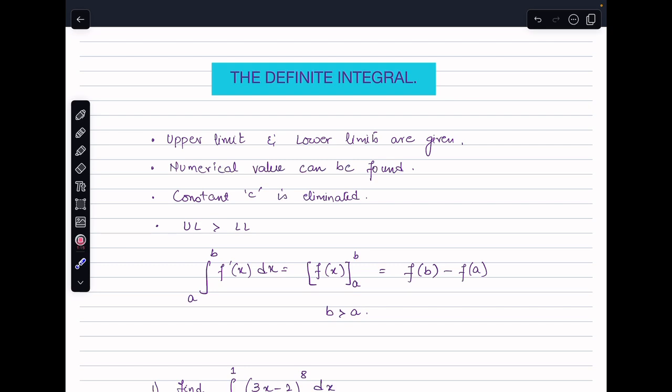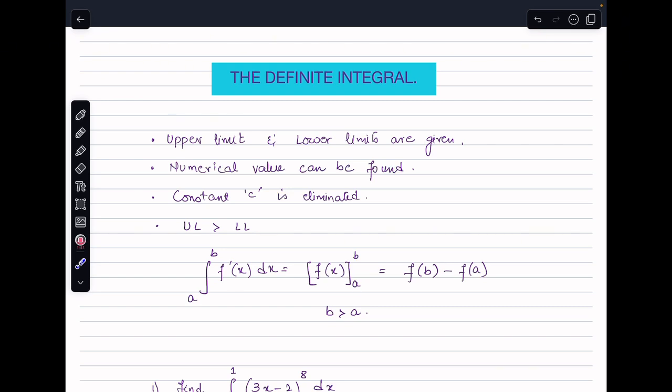So here if I say that the lower limit is a and upper limit is b, the integral of f prime x dx shall be equal to f of x, and then the limits, the upper limit and the lower limit, are written on the right side with the absolute sign.